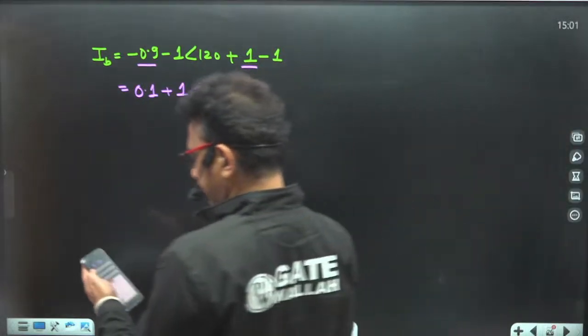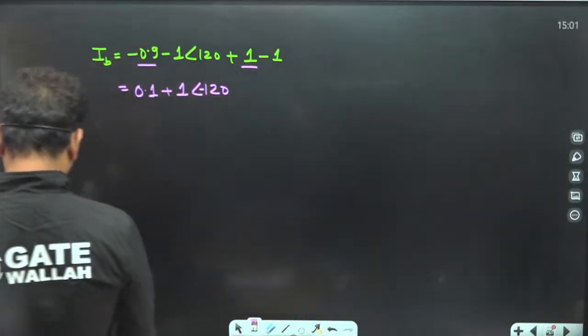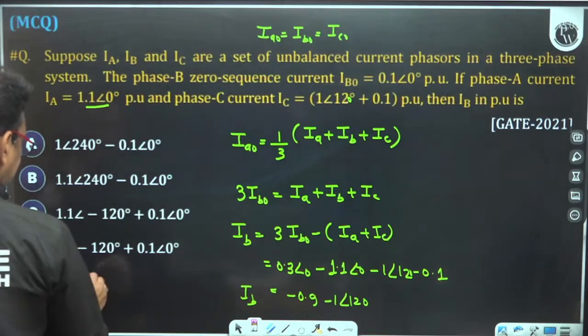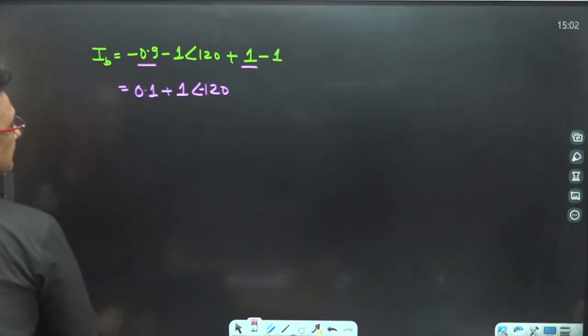It's clear: 1 angle minus 120 degree. So D is the right option.